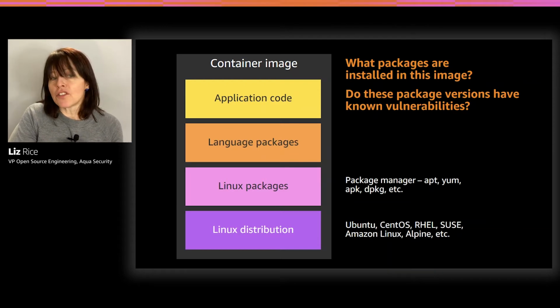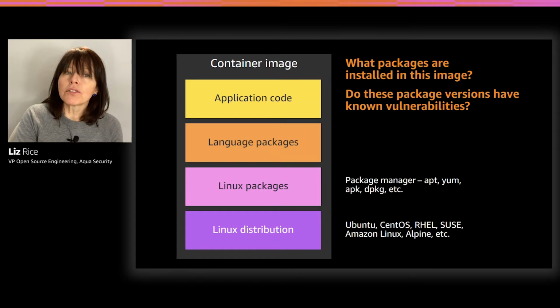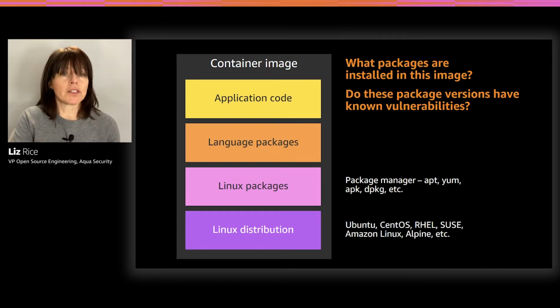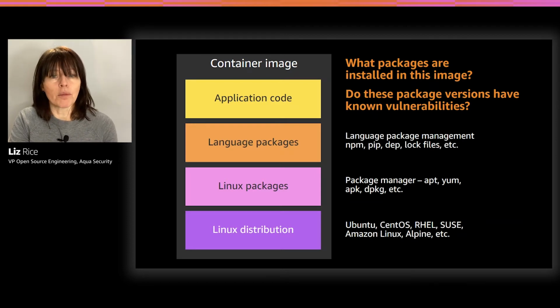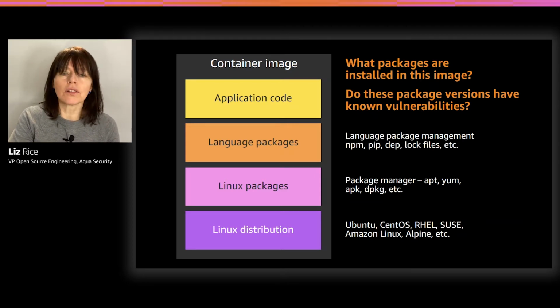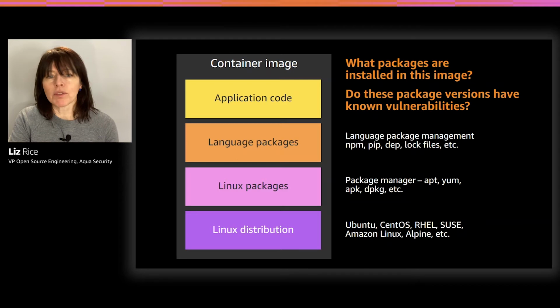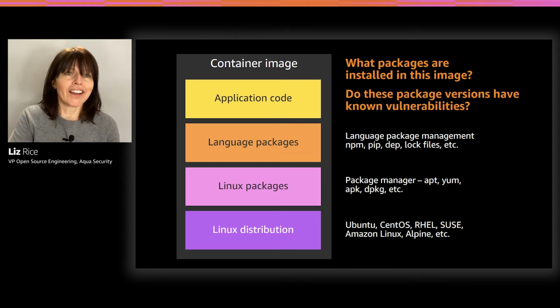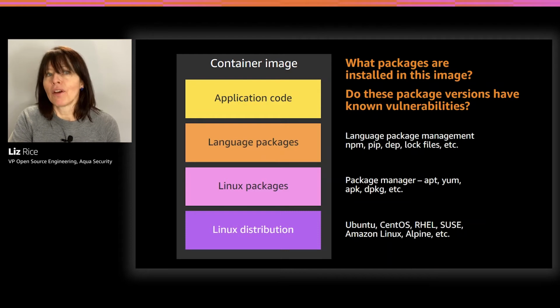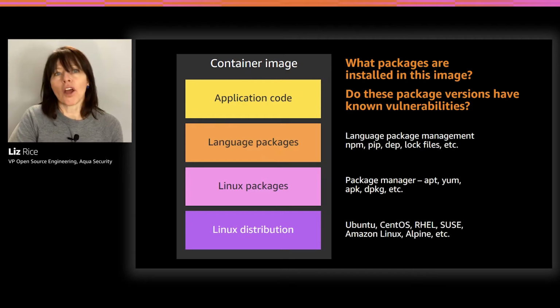And vulnerabilities don't just exist in these operating system packages, they also exist in language-specific dependencies and libraries that your application might use. For example, if your app's written in Node, it's very likely it depends on packages installed using npm. If you're using Python, the installer might be pip. So language support is another thing to look out for when you're choosing a vulnerability scanner.